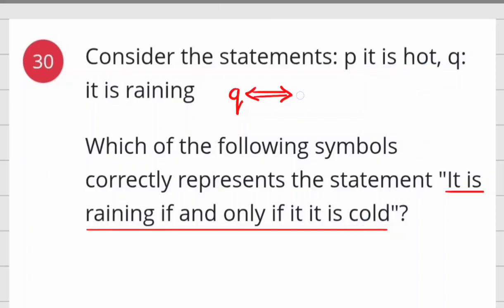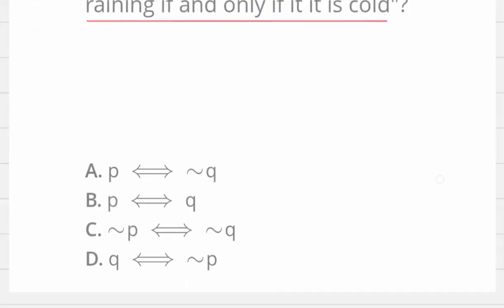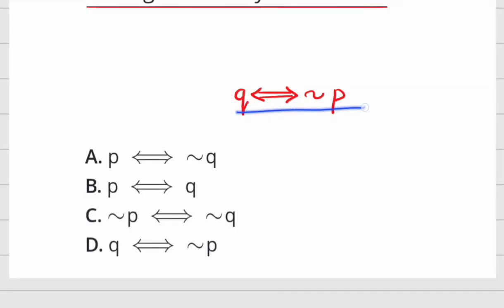That is negation P. It is raining if and only if it is cold. So the correct statement here that represents this is going to be Q if and only if not P. Let's check the options there. This can be found, of course, Q. This is our correct and final answer.